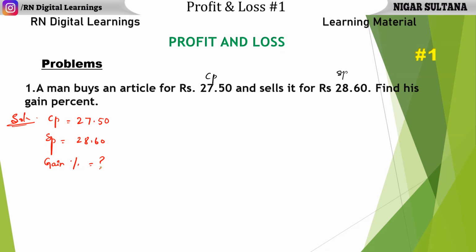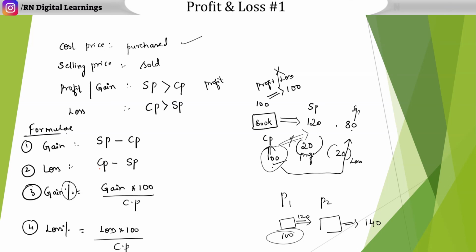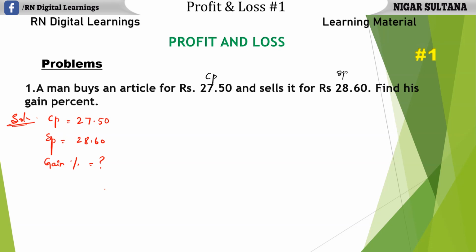Before we find the gain percent, we must know what the gain is. The profit is calculated by selling price minus cost price: 28.60 minus 27.50. So the profit is 1.10.